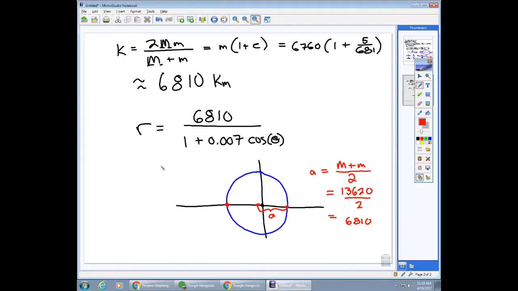focus. So another relationship I know is that E is equal to C over A. I mentioned that one the other day, where C is the distance from the center to the focus, and A is that semi-major axis there. So that also tells me that C is equal to EA.